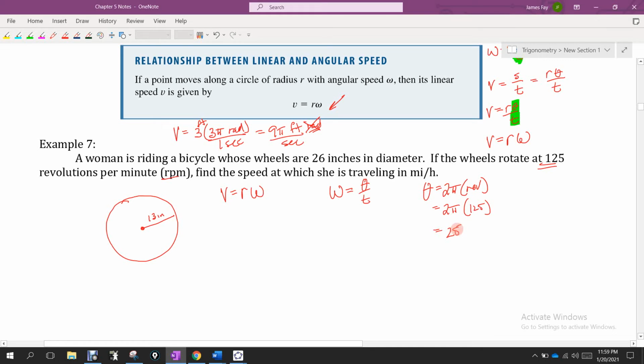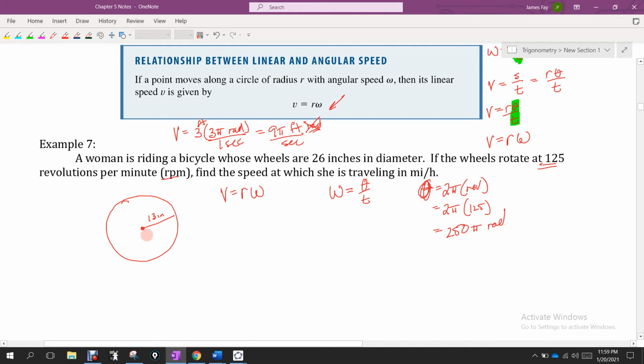So that's 250 pi radians. Now it says per minute, so over 1 minute here. That's my theta. Let me retract my statements. 250 pi radians is theta.